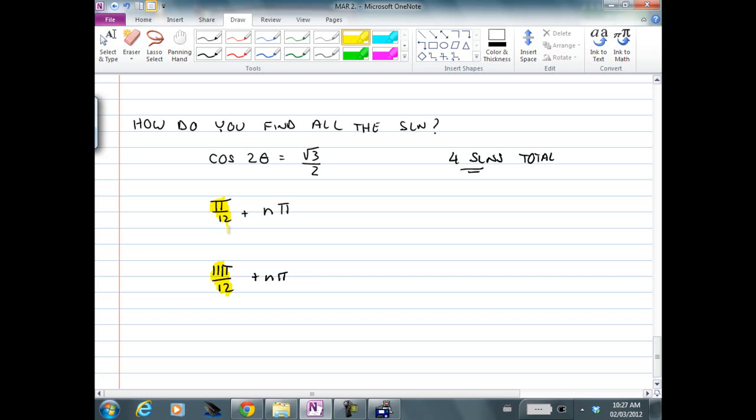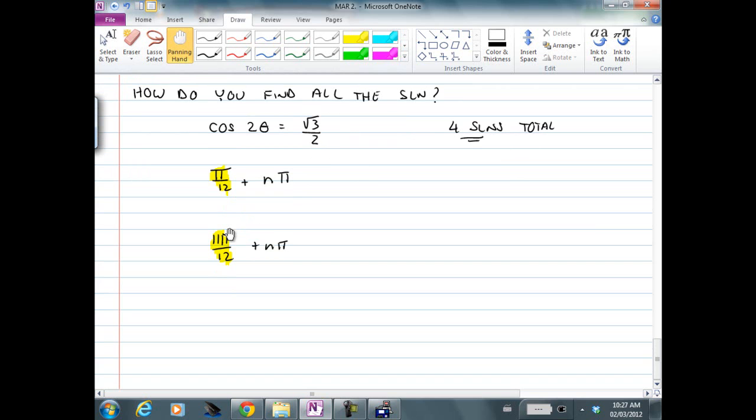So here's what we're going to do. To find the rest of your solutions, you take your true answer and add my period to it. So you go pi by 12 plus, we're going to let n be 1 because I want to know what happens when you add in my first period. This formula gives you all the solutions possible.